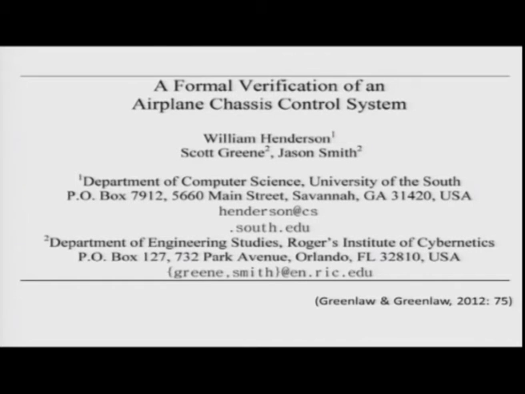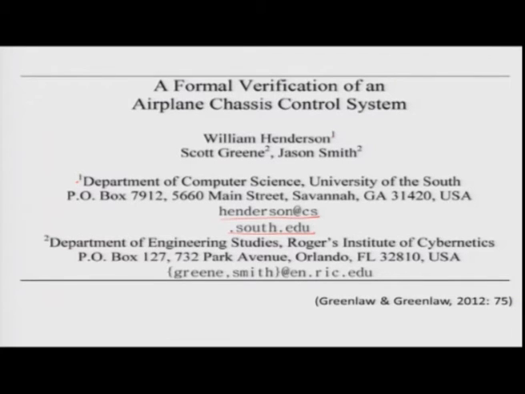Then you see superscripts. What does it mean? It gives details about the institute affiliations. So, 1 here corresponds to this. This person William Henderson is from Department of Computer Science, University of the South, and the details. Then it also gives the mail ID.